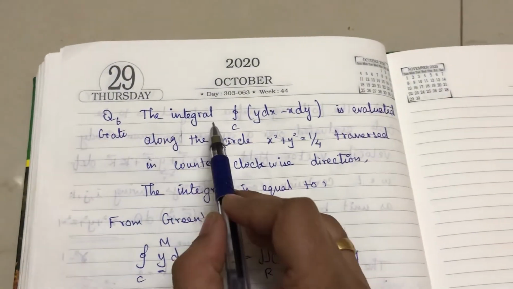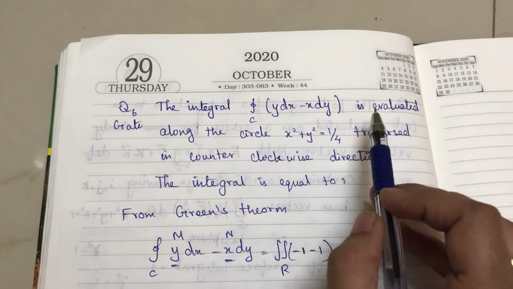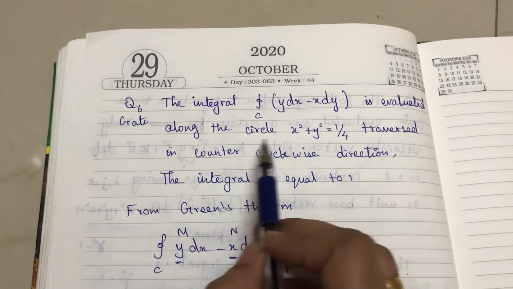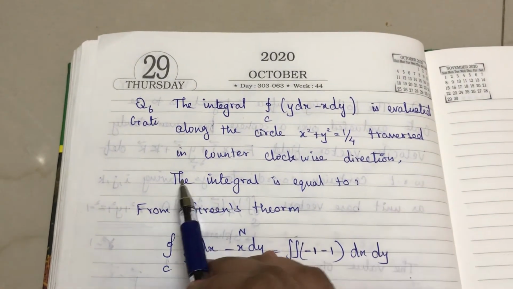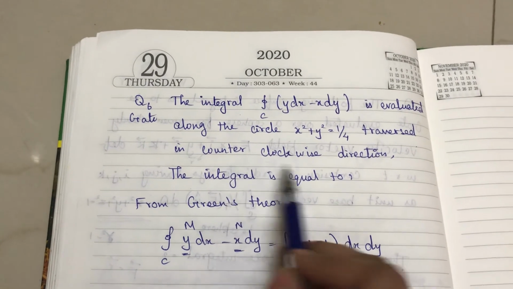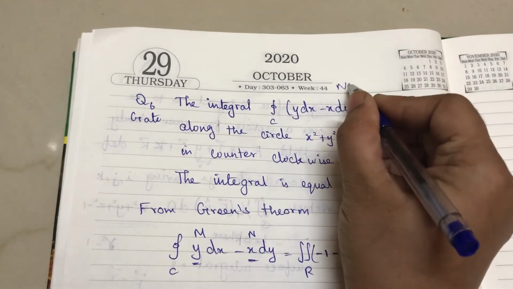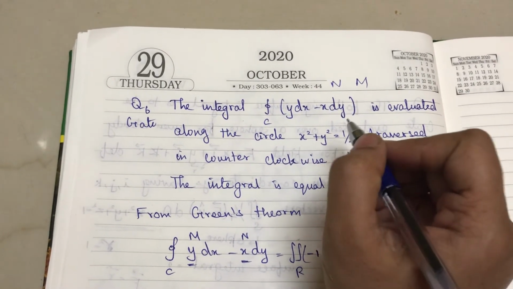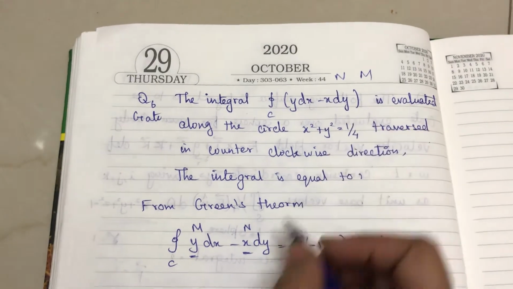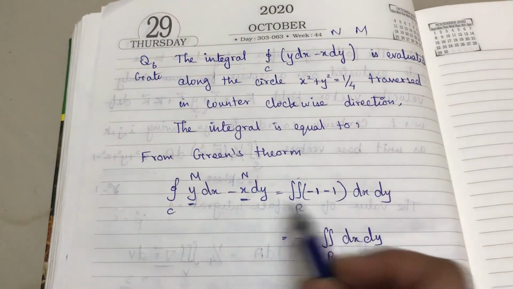Okay. So the integral of some vectors, they have given one function here, is evaluated along the circle. They have given one circle traversed in the counterclockwise direction. You can see here this one is like N and M, right? If it is in this form, you have to use Green's theorem. So from Green's theorem, I have written the formula here.